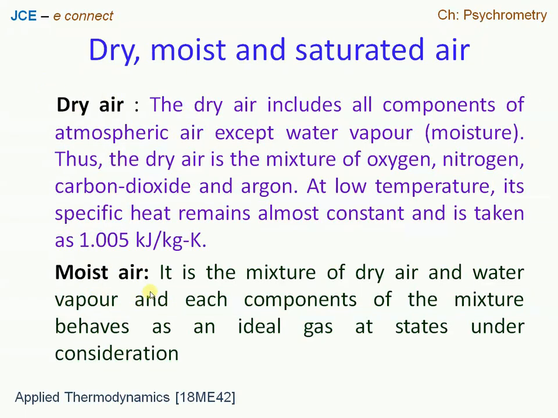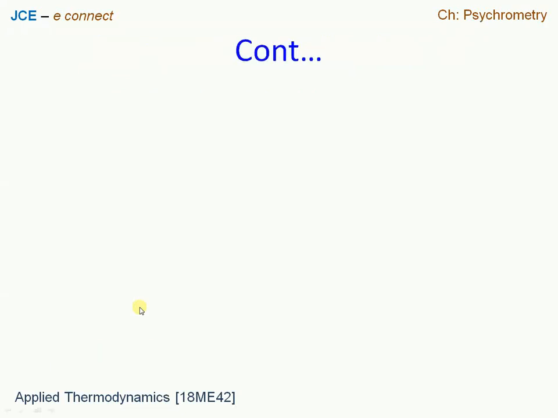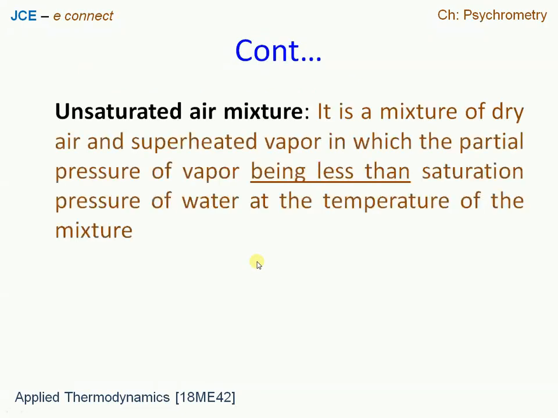For our study we are concerned with the moist air, and we'll see how exactly the vapor content or water content in the moist air is going to vary, and its effect on the heating or cooling or the required situation.